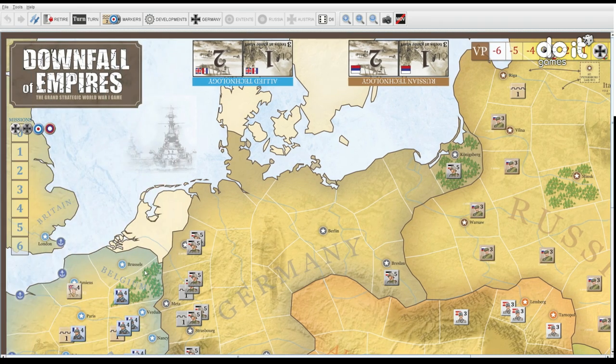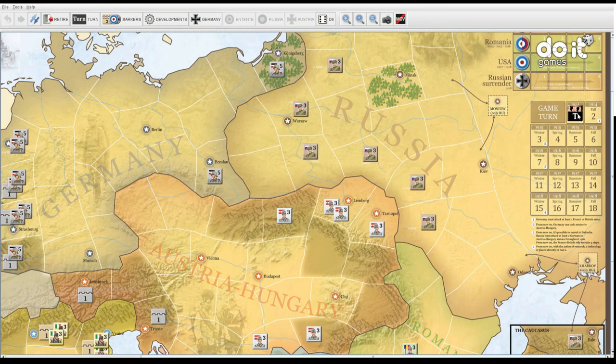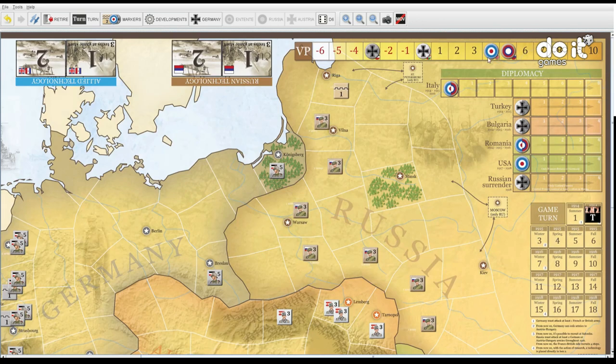In every turn, all the powers play, starting with the German, then the France UK, after the Russian, and finally the Austro-Hungarian. Once every power has played, we will move the marker forward and start the second turn, and so on till we reach the end of the game. At the end of the game, we will calculate the points, and the power with more points is the winner.